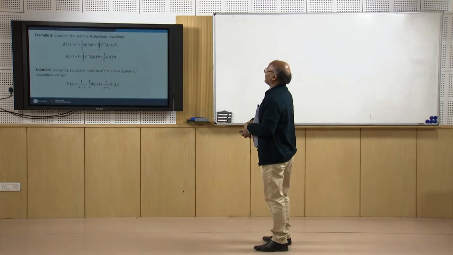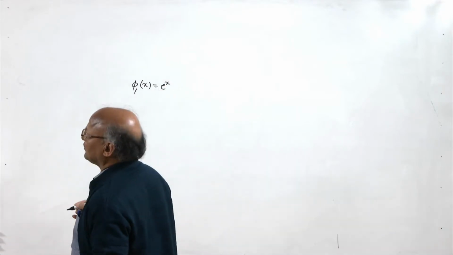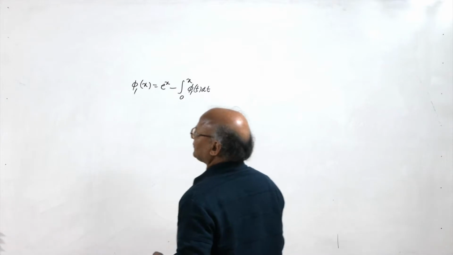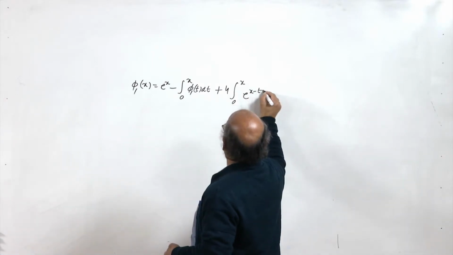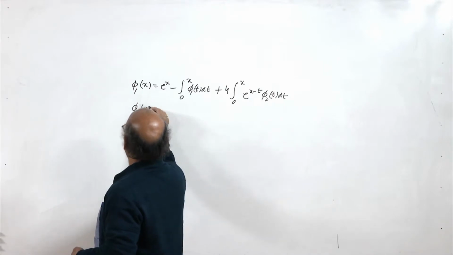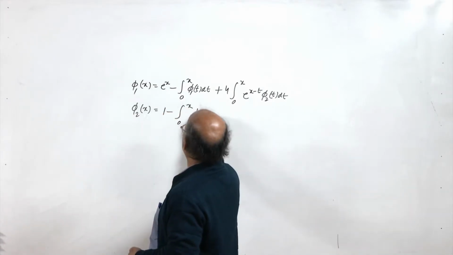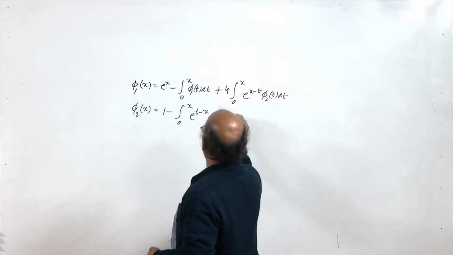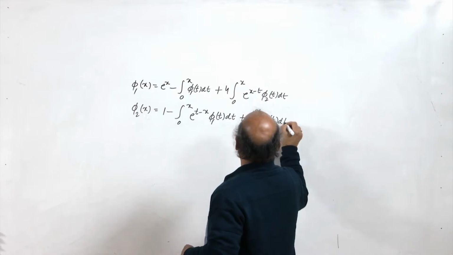So here we are given another system of equations: phi 1 x equals e to the power x minus integral 0 to x phi 1 t dt plus 4 times integral 0 to x e to the power x minus t into phi 2 t dt, and phi 2 x equals 1 minus integral 0 to x e to the power t minus x phi 1 t dt plus integral 0 to x phi 2 t dt.